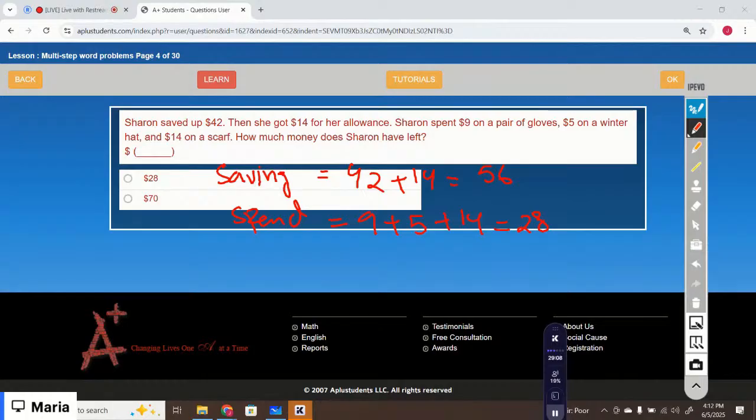So how much do we have left? The correct option is $28.